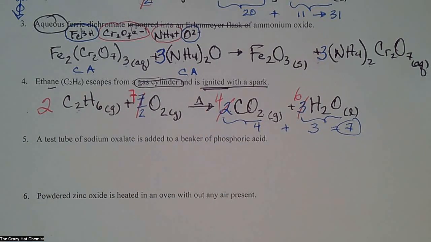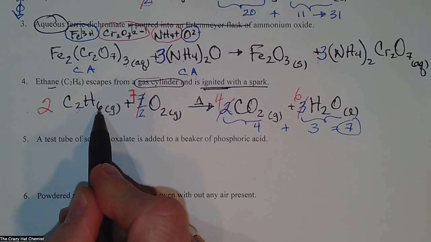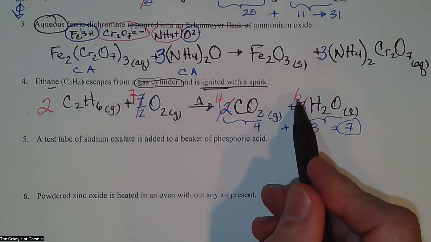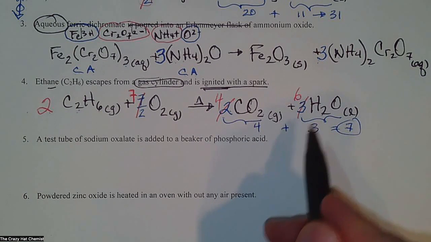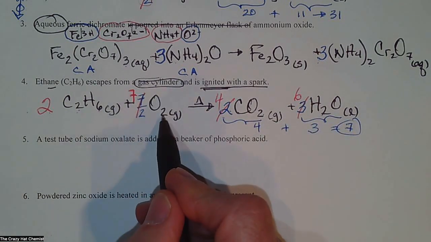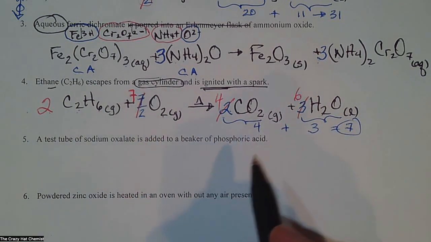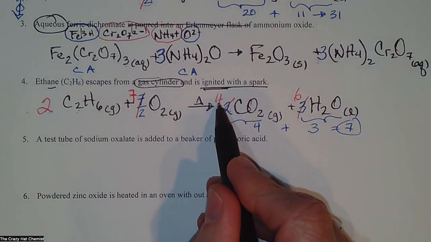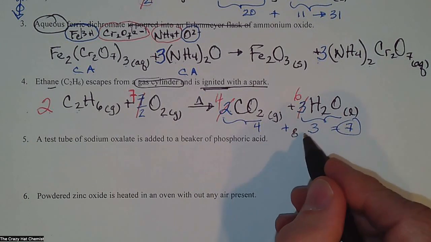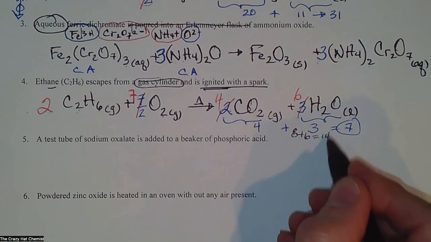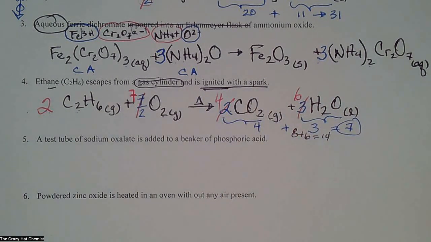So the number of carbons are balanced. 2 times 6, that's 12 hydrogens on the reactant side. 6 times 2, that's 12 hydrogens. So they're balanced. Now the oxygens: 7 times 2, that's 14. And then 4 times 2, that's 8, plus 6, that's a total of 14. So I did validate that that is balanced. So we're actually rocking and rolling. We're good to go.